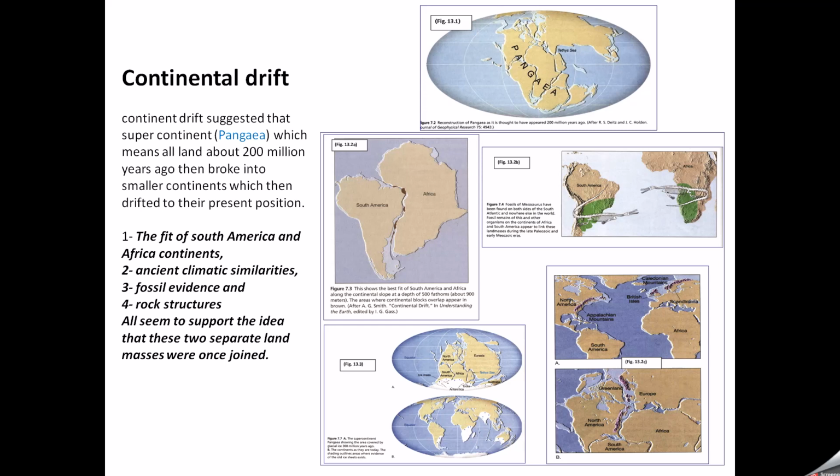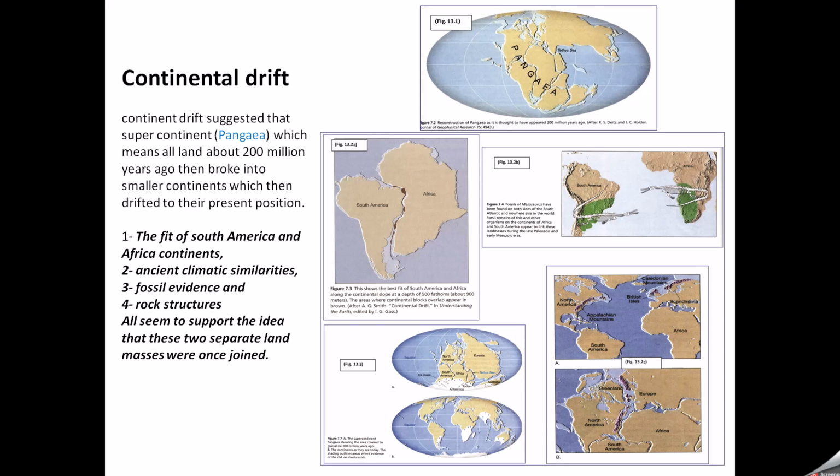He had a few observations, and during his time there was no way to find out the mechanism of how this one continent, Pangaea, split apart, broke up, and the continents are now separated by wide oceans.